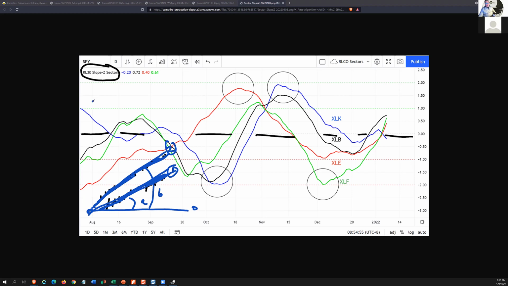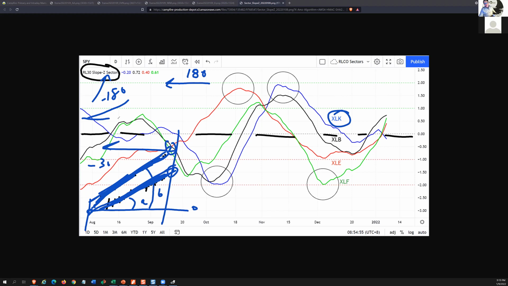So what does the z-score mean? Because this is just from one moment in time. We're looking at it today, and we're looking back 30 days to come up with the slope of that line. Well, let's take XLK. We're going to look back 180 days. For each of those 180 days, a day like minus 180, we take the 30-day regression line slope, we measure that, and then we score that number, and then 179.